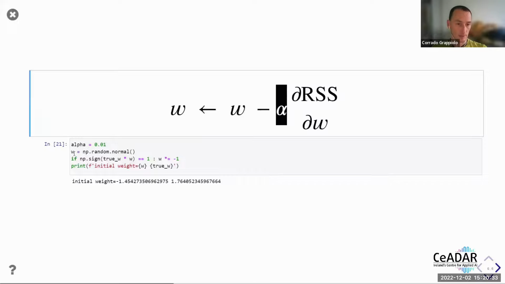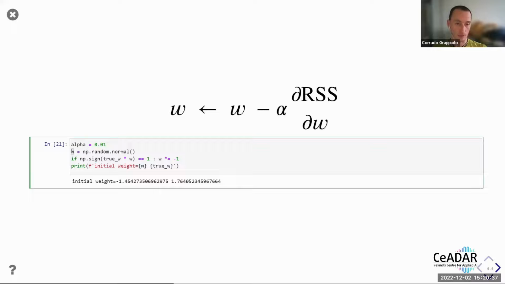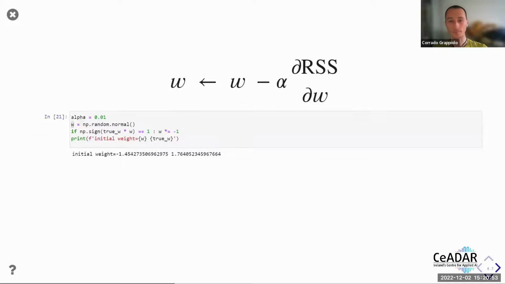This is the example that we set up. We start from an initial weight for our neural network or perceptron, which is this value. So we start from minus 1.45 and so on. And we want to adjust the weights of our network so that we reach 1.76.